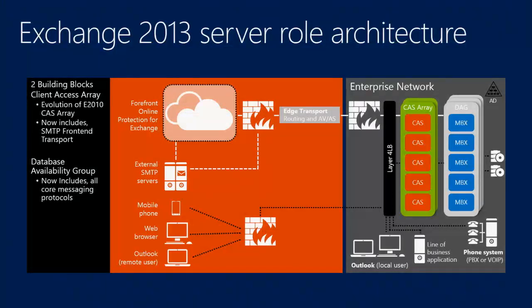And then we have the mailbox server role, which hosts all the core components: transport, unified messaging, client access protocols, and the like. We form a bunch of CAS together into an array, which is nothing more than a load balanced pool of CAS members that can then be used for connectivity for your end users. And then we have the mailbox servers, which can be joined into a database availability group to get you the high availability and resiliency functionality that you need for your messaging environment.